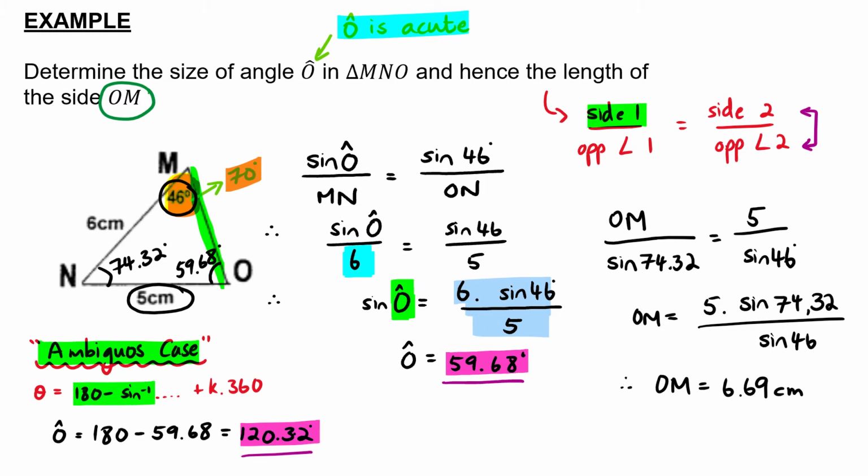And most importantly, if you are calculating an angle, you firstly find the angle itself using the basic inverse sine. Then you go 180 minus to get another value from the general solution, and you check which one you're allowed to use depending on what's given in the question as to whether they tell you the angle is obtuse, whether it's acute, or whether angles of a triangle won't work.